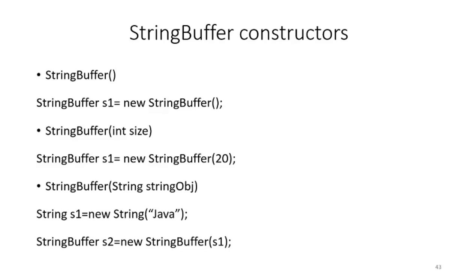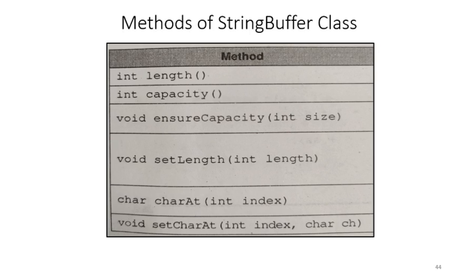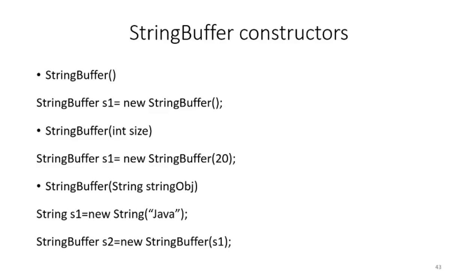So here it will have the capacity of 20 characters because 16 is the default capacity, and next it has the 4 characters in the word Java. So total 16 plus 4, that is 20 characters. This is the size of this new object S2.